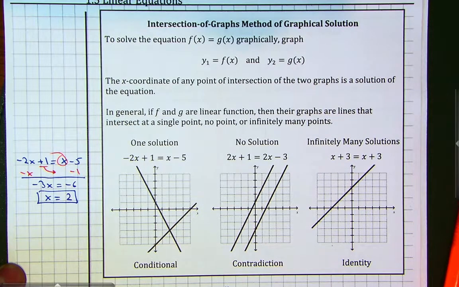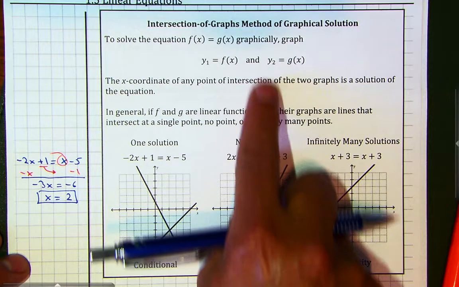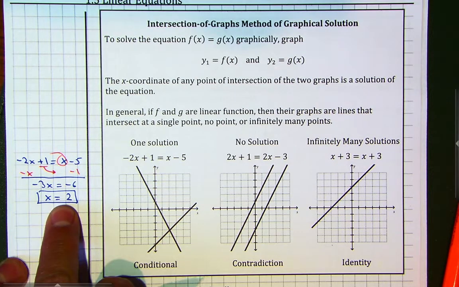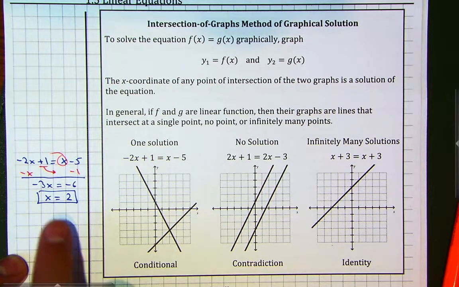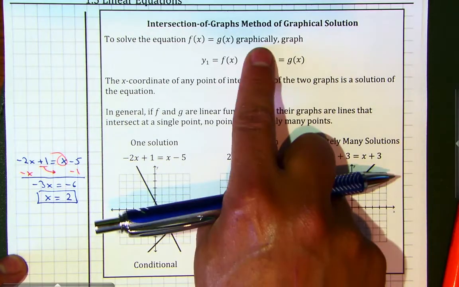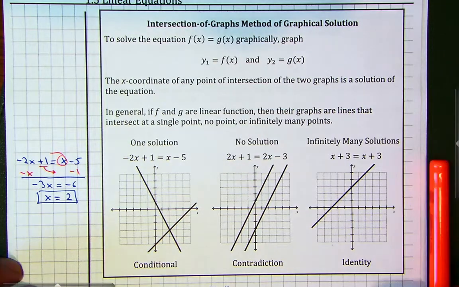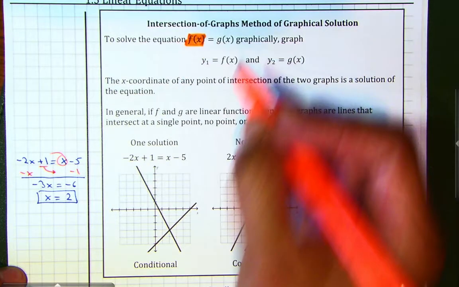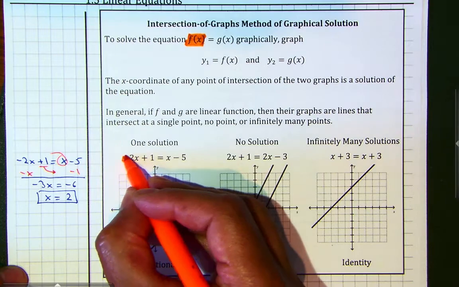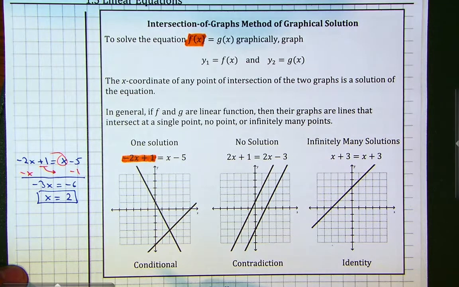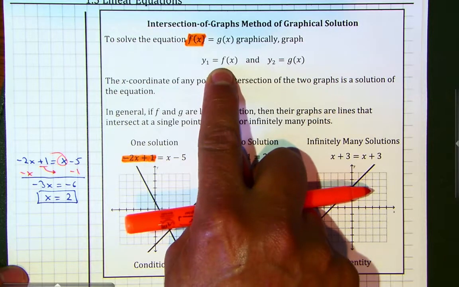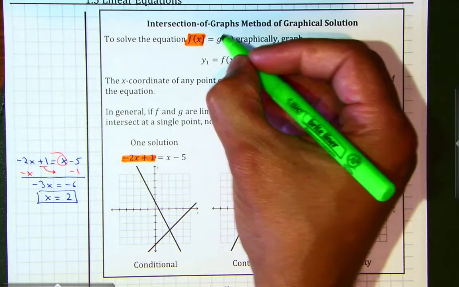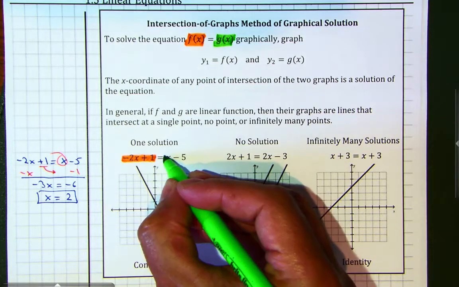We can solve it. But if I want to verify graphically, if I want to check it algebraically, we can do what we did on example number 2 and just plug it in. If I want to check it graphically, then f of x will be negative 2x plus 1, which will be its own function. And g of x, in this case, will be x minus 5.